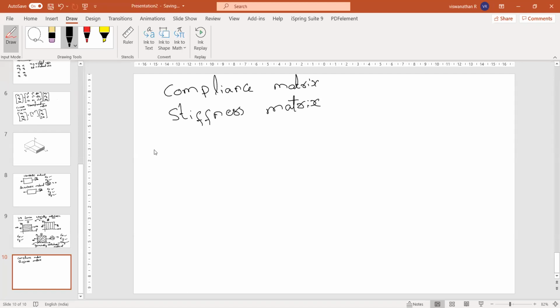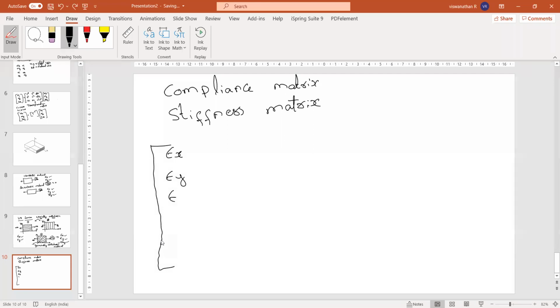Suppose you want to write it for a three-dimensional material, then what you do is you take epsilon x, epsilon y, epsilon z.